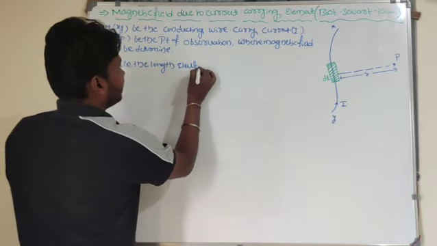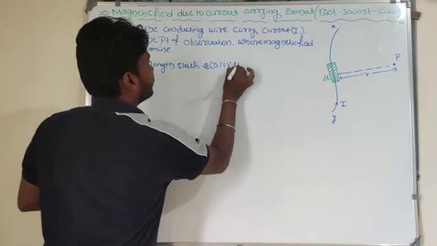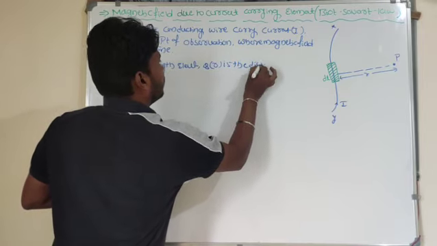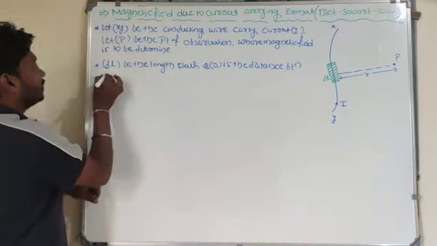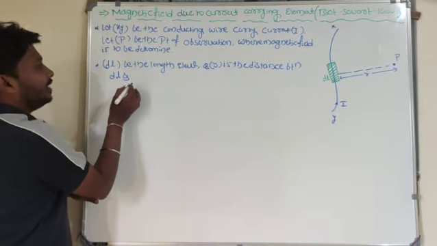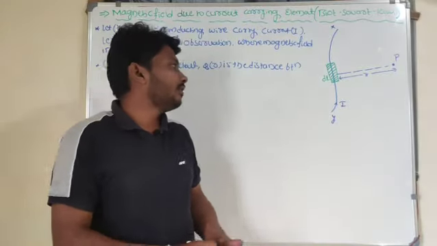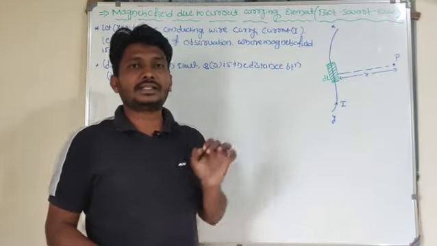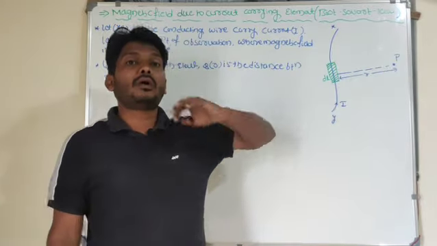dL is the length element and R is the distance between dL and P. Now I can consider that the magnetic field at point P is proportional to certain factors.